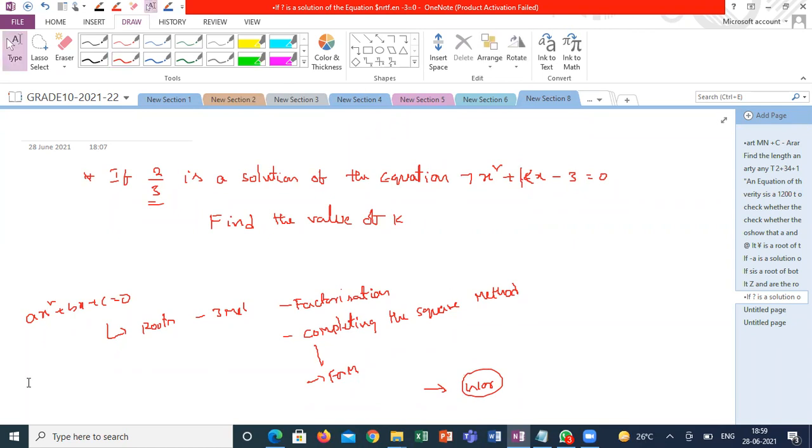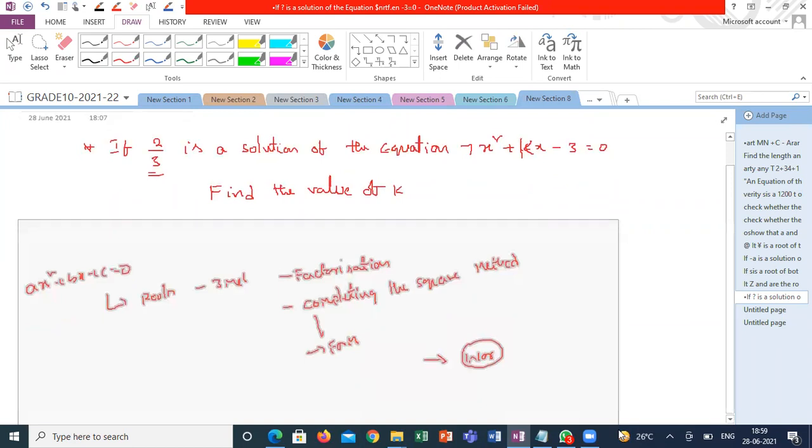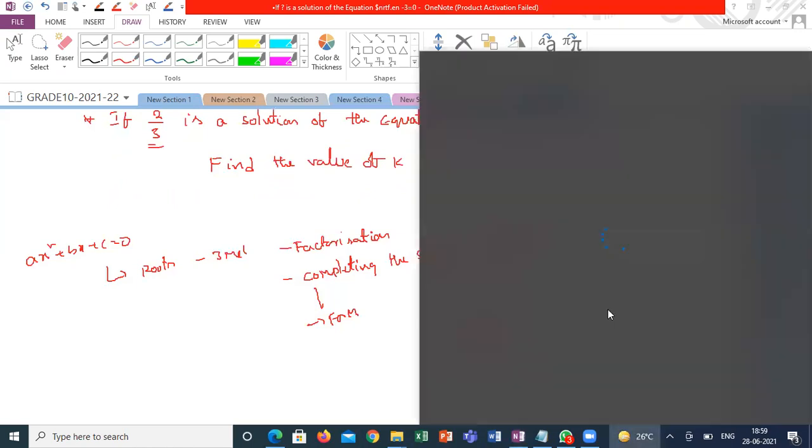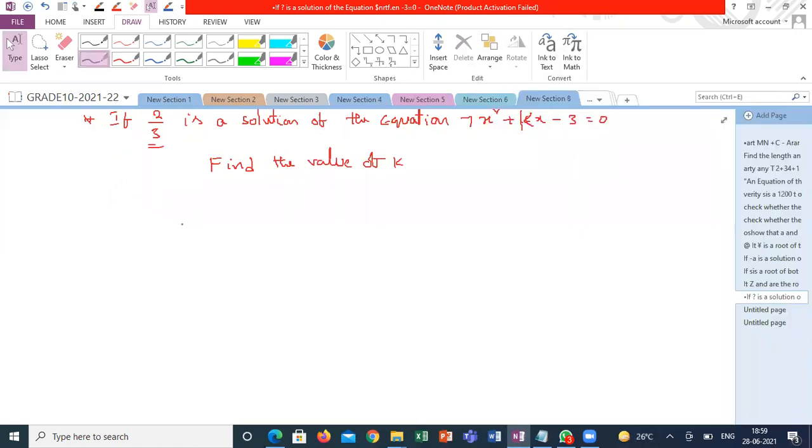Guys, got the k value? Anyone? Sir, minus 1 by 6, sir. Yeah, 7 into 2 by 3 whole square plus k into 2 by 3 minus 3 is equal to 0.